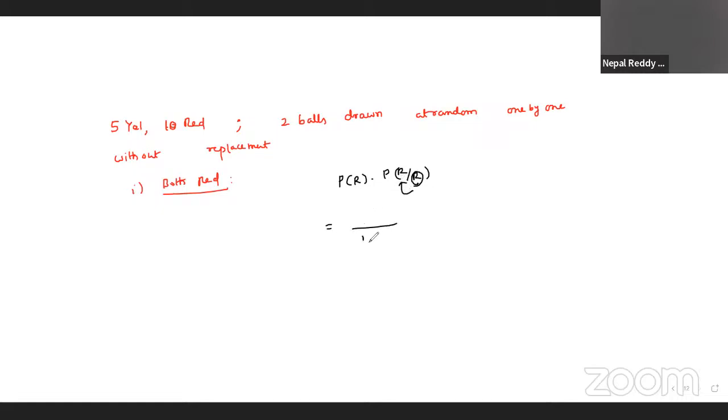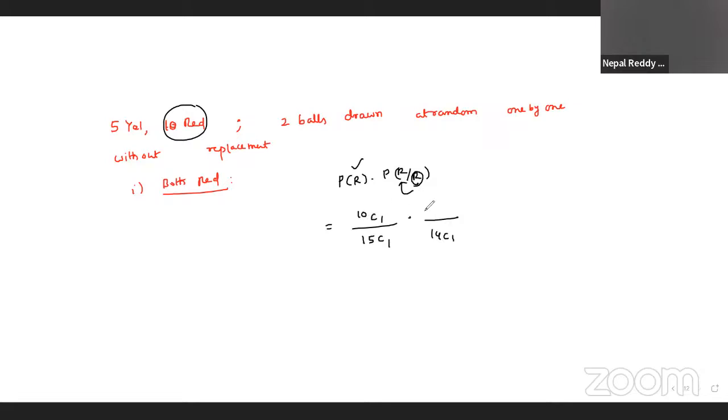Total there are 15 balls, in which 1 by 1 ball is drawn first. To get a red ball from 10, I am going to choose 1. Next, you will get 14 balls. Why? Because without replacement, 1 ball is drawn already. Again, now you have to draw a red ball.